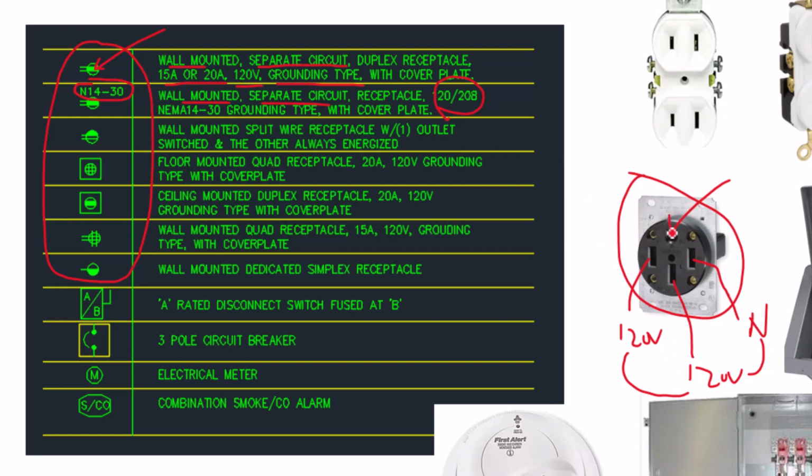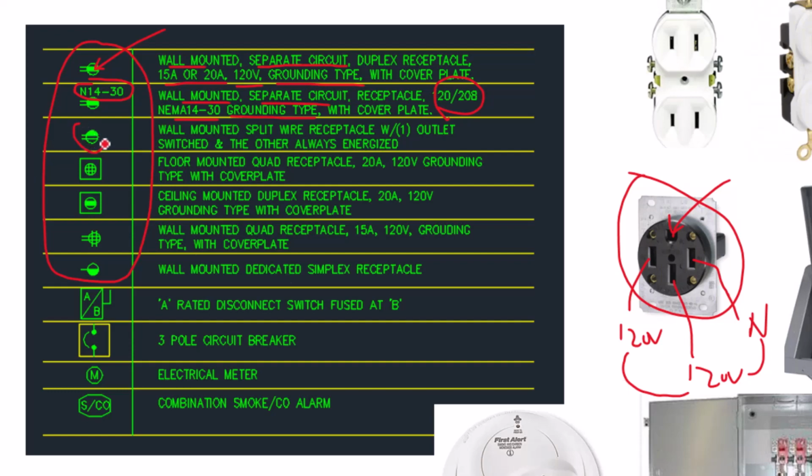Plus, you have a ground, so that's why it's a grounding type. A NEMA 14-30 type is typically used on electric clothes dryers. So whenever you have a residential electric clothes dryer or any type of electric clothes dryer, usually it's going to be a NEMA 14-30 receptacle.